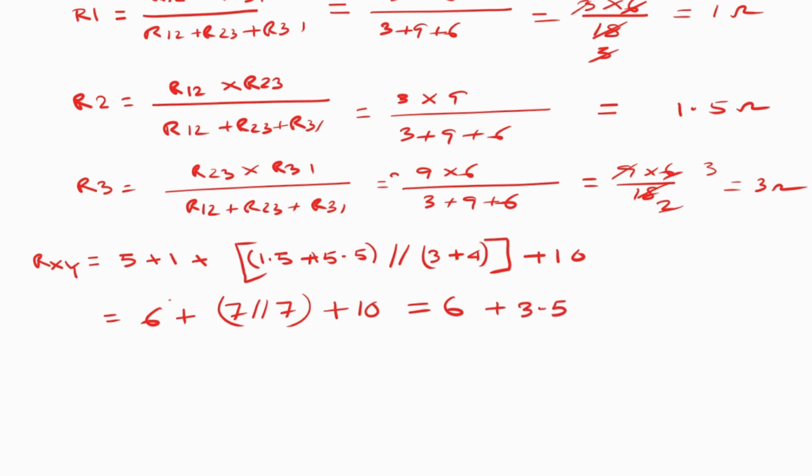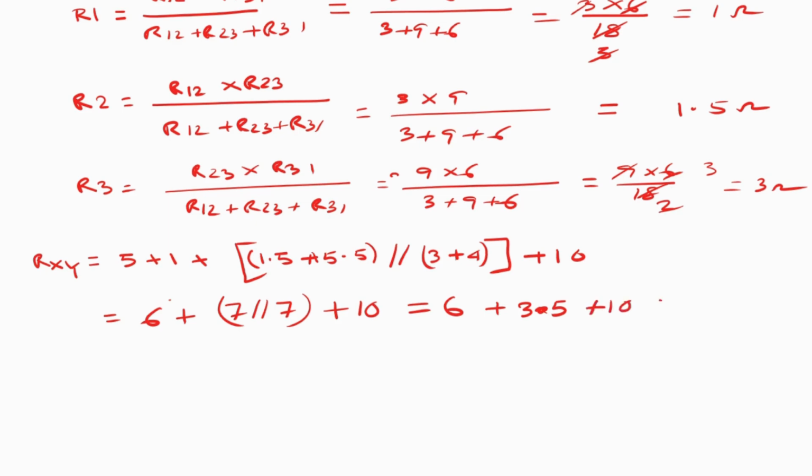If you calculate 7 into 7 by 7 plus 7, you get 3.5. So when two resistances of similar value are in parallel, it is 50% of one value, that is 7 by 2, 3.5, plus 10.